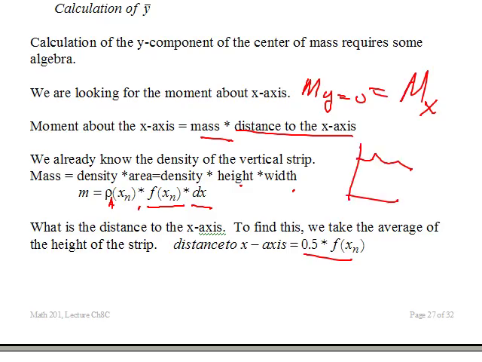So if here's the flat plate, this is f of x, then we're going to take this point, which is f over 2, as the average distance of this strip to the x-axis. Of course, some are at f, some are at 0, and so when you take the average, it's f over 2. We're going to substitute this into our calculation.